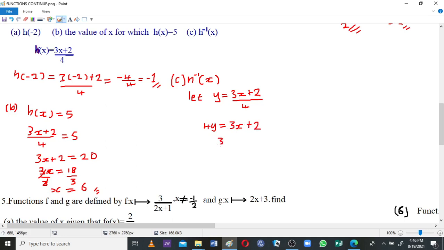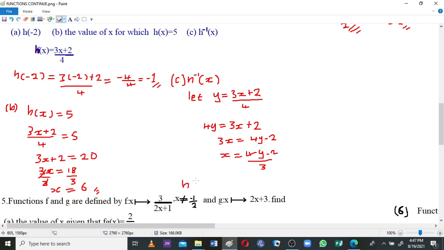Now we need to solve for x. So we are going to have 3x is equal to 4y minus 2. Again, solving for x gives us x is equal to 4y minus 2 over 3. Now we can safely say, sorry, not f, we're dealing with h.